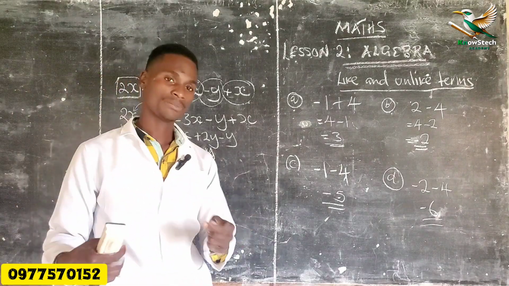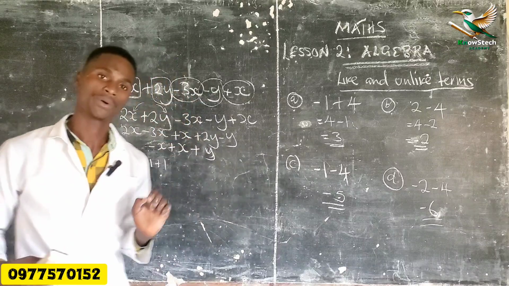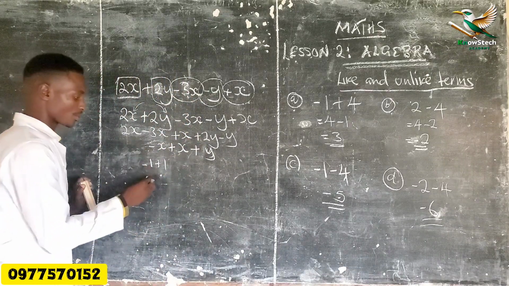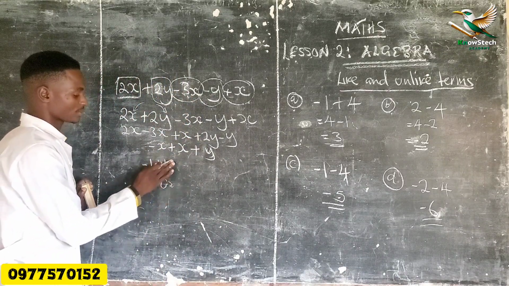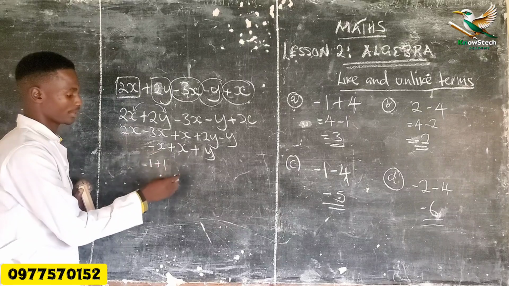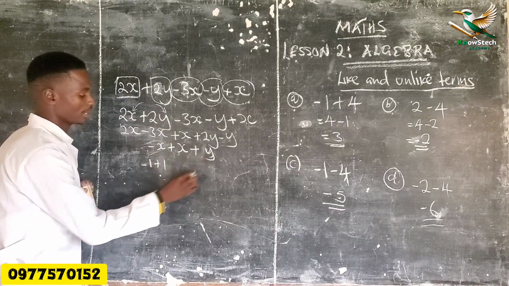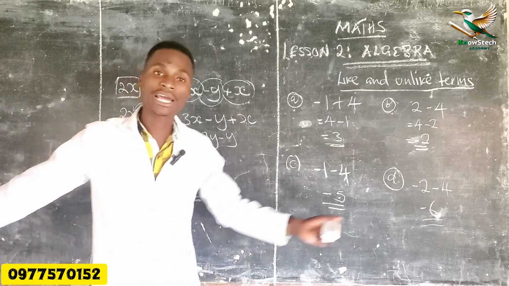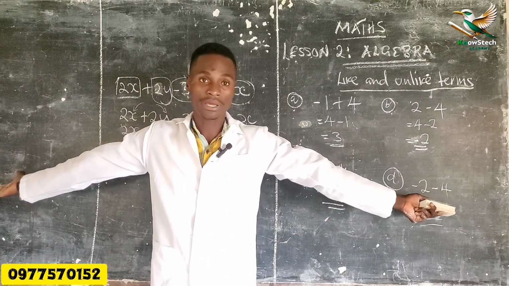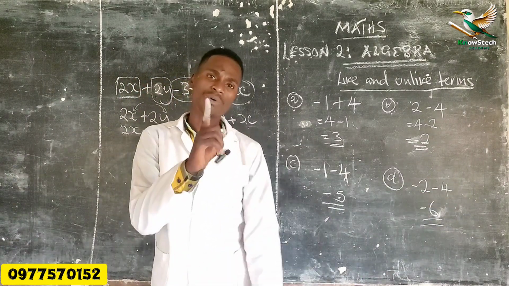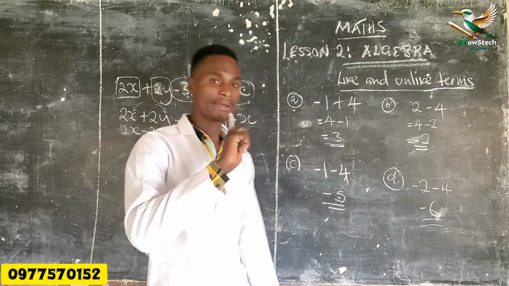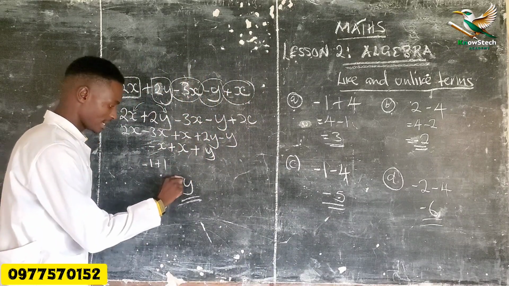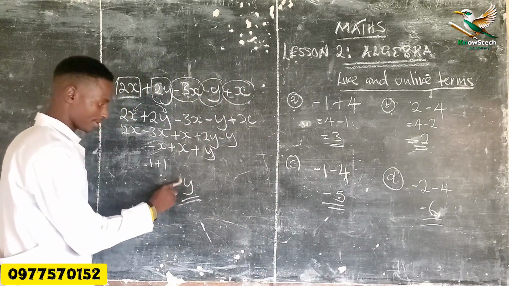What's the answer? Correct, 0. Now we can write 0x. So this is just to give us 0. So the final answer will only remain with what? With y. Oh, bananas have been taken away. And we're only remaining with 1 banana, which is an invisible 1 here.